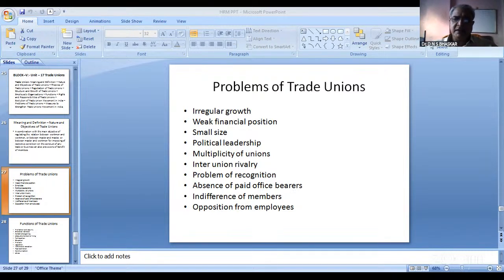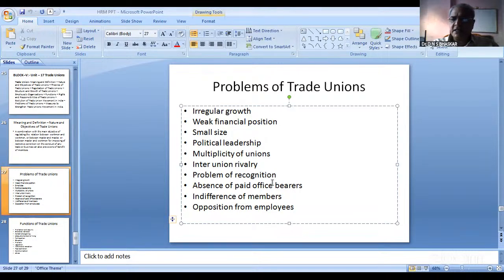Then coming to the political leadership, this is what we are seeing nowadays. Various trade unions are mostly run by political leaders, who are not part of any union or any organization.